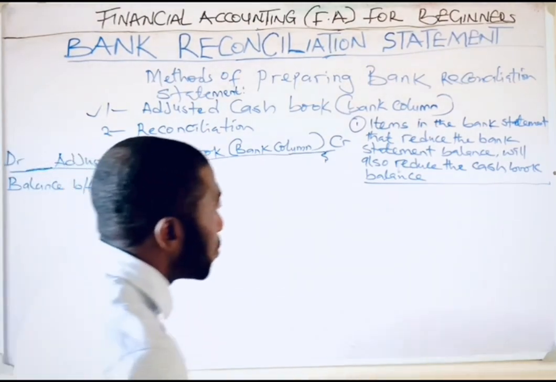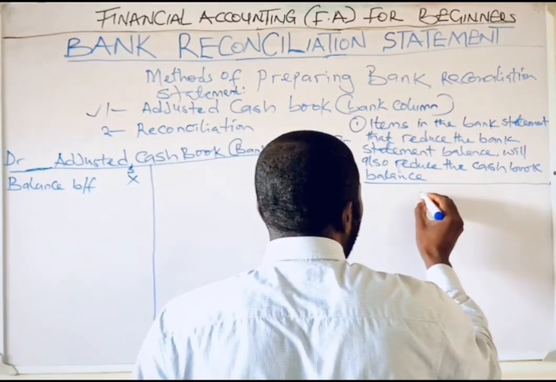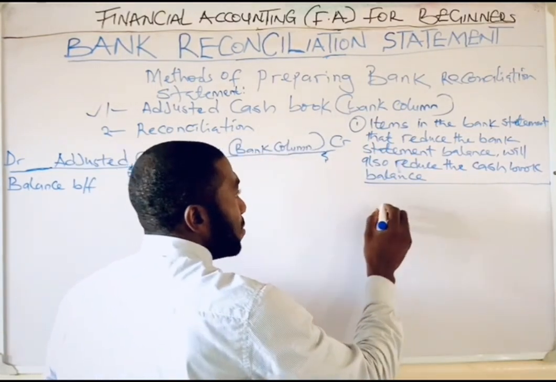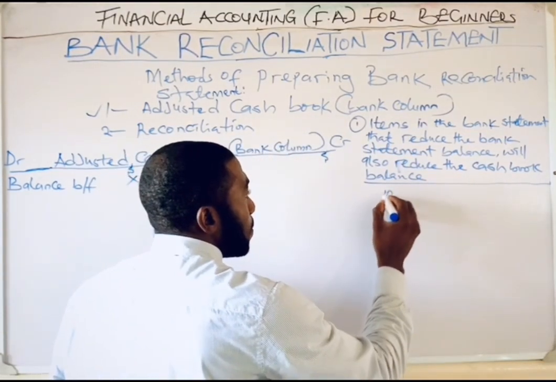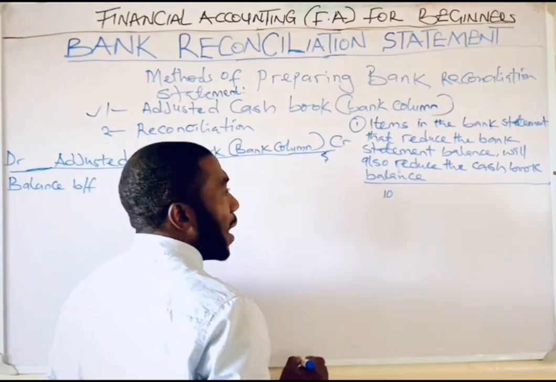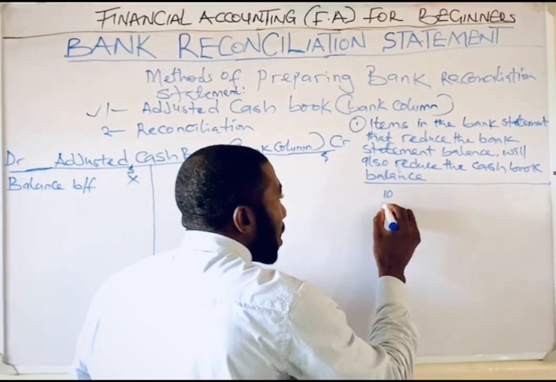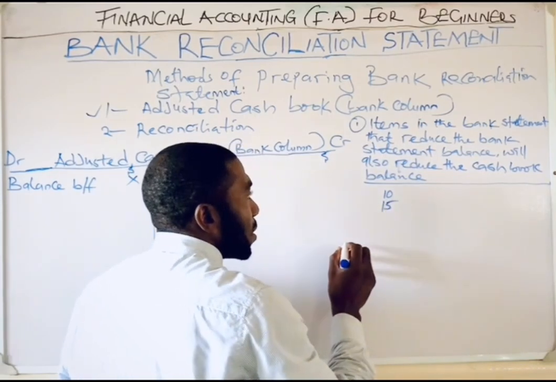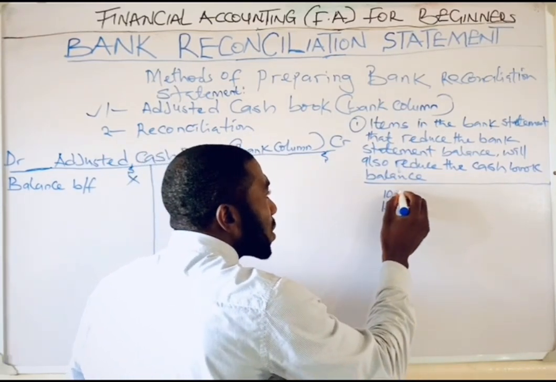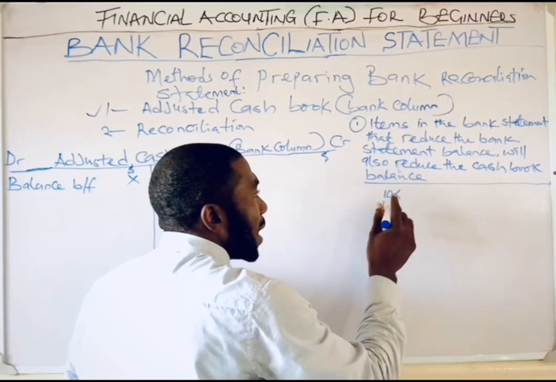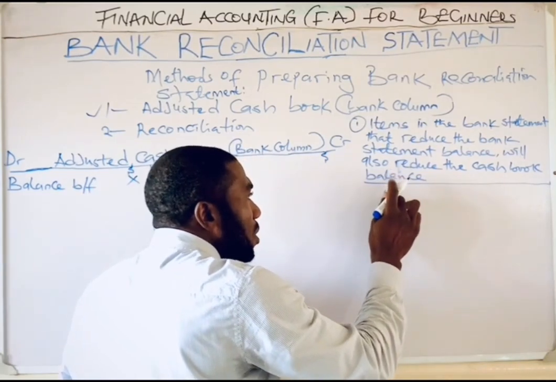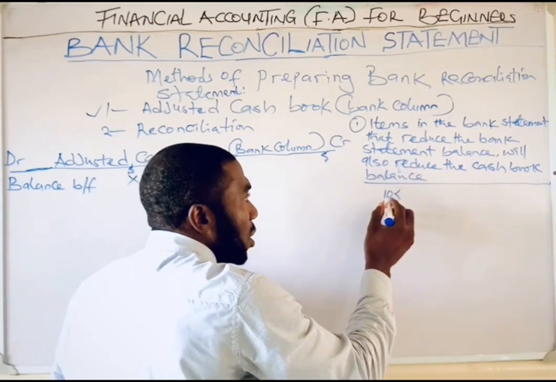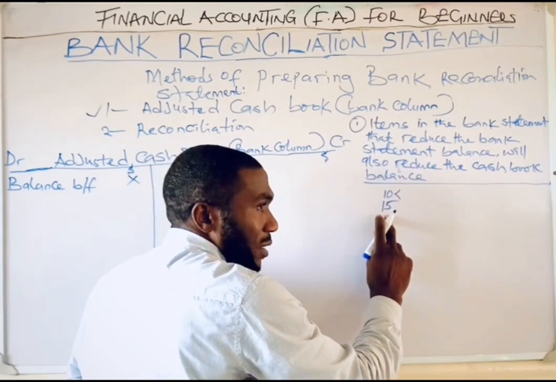For example, if our bank account has $10 and our cash book balance is $15, you identify those items that reduce our bank statement balance so that it is not $15.